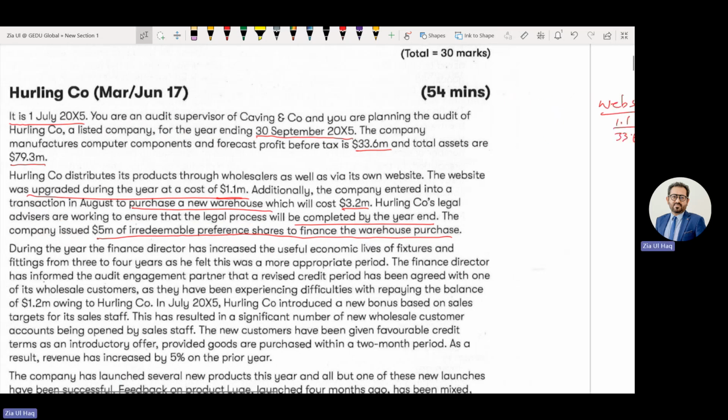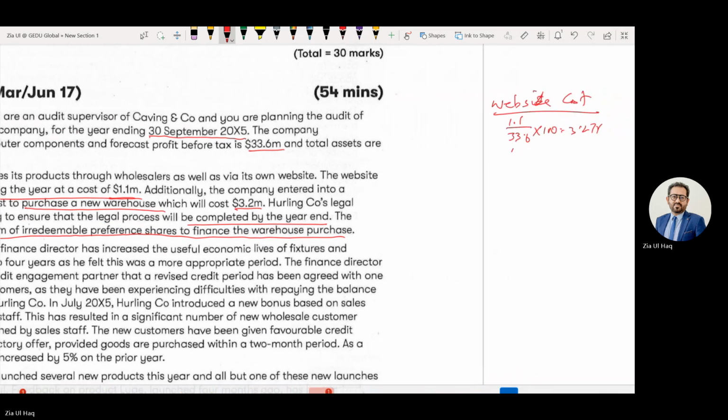And against total assets of 79.3, 1.1 divided by 79.3 multiplied by 100 is 1.3%. So against profit, it is below 5%, meaning immaterial, but against total assets, it is above 1%, meaning material.